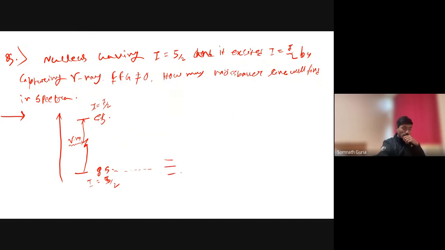These will be m equals plus minus 5 by 2, plus minus 3 by 2, and plus minus half. Here also similarly, we have a level over here that can split into 4 lines. 1, 2, 3, 4.